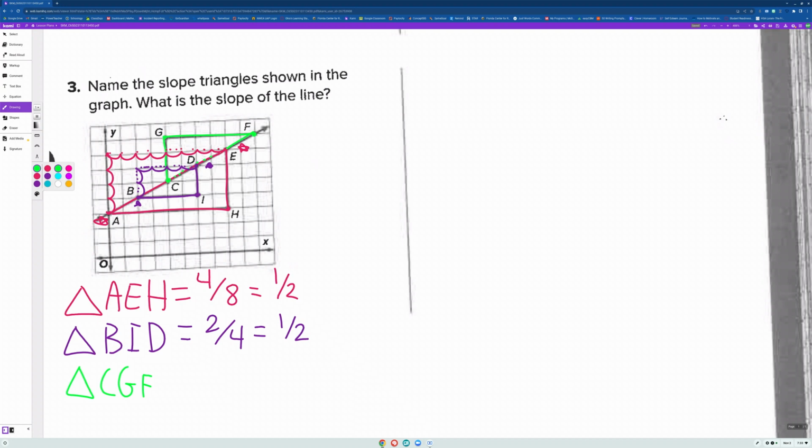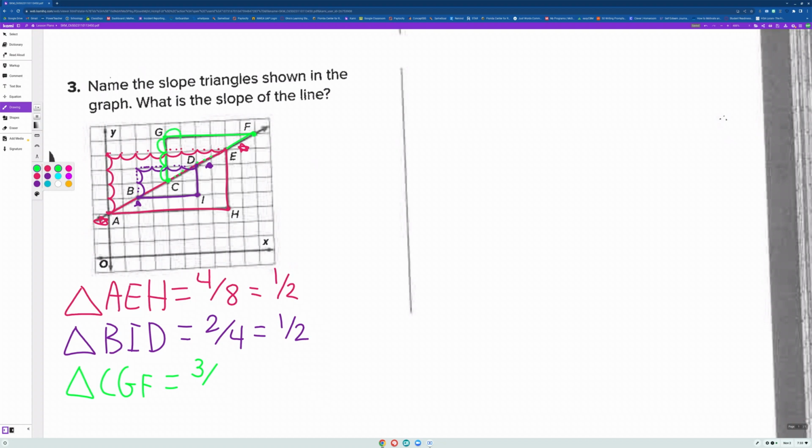So triangle CGF. What I'm going to do for this one is I'm going to see how many points it takes me to get from C to G and then from G to F. So if I'm starting at C, it's going to be positive 1, positive 2, positive 3. So I have 3 over, and then I'm going to move to the right, which means that it's going to be positive.